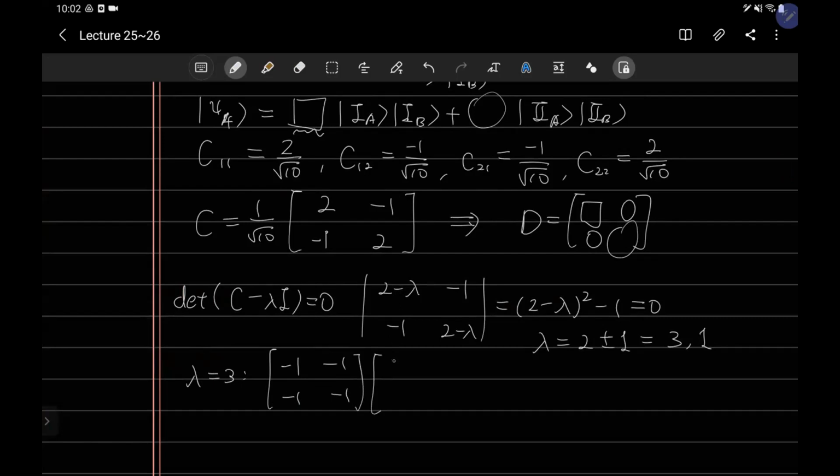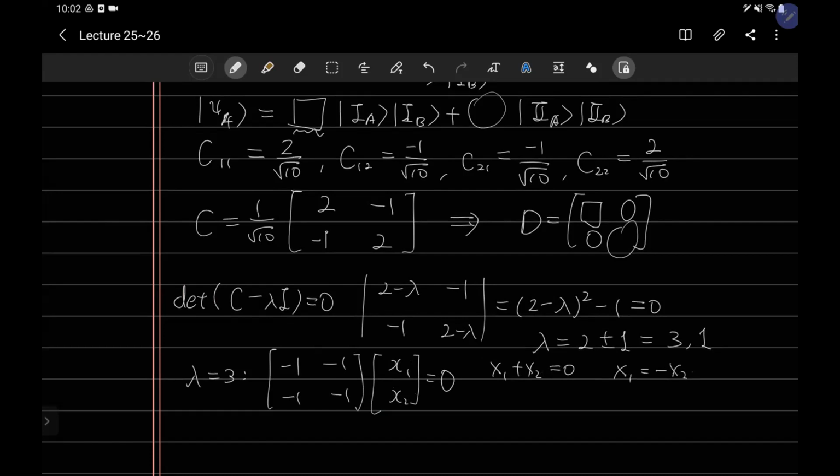Under this case the eigenvector should satisfy this requirement: x1 plus x2 should be 0, or in other words, x1 should be minus x2.